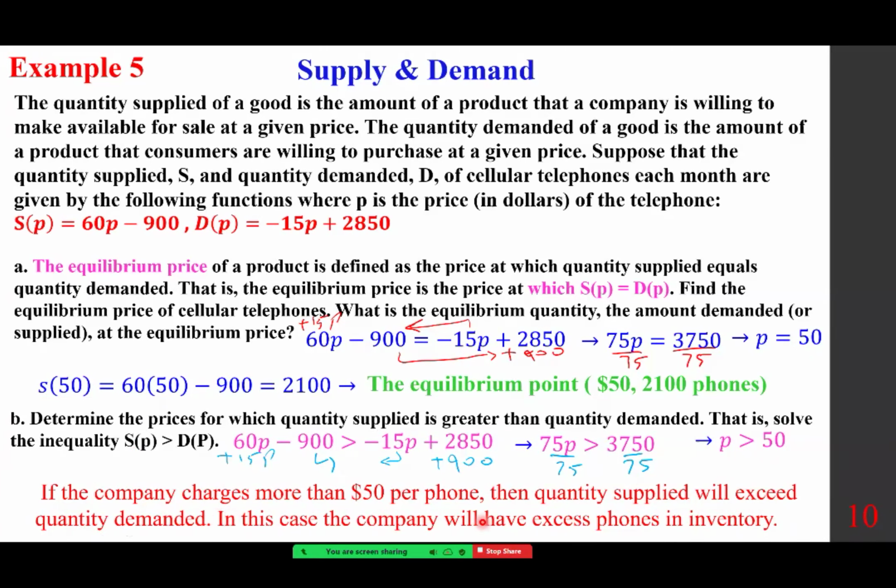In this case, the company will have excess phones in inventory. So I hope everybody is clear as to what that means. And of course, if we set S of P less than D of P, that means when the price is less than 50, the consumer is happy, but there won't be enough products for him to buy.